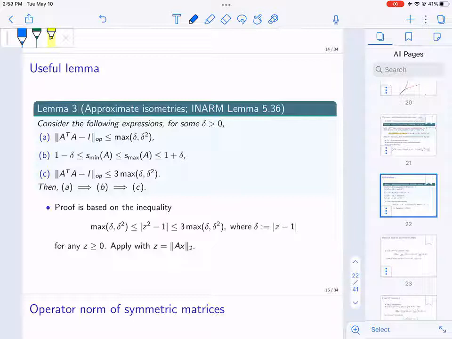Let's say I want to show A implies B. How do I use this inequality to show that?